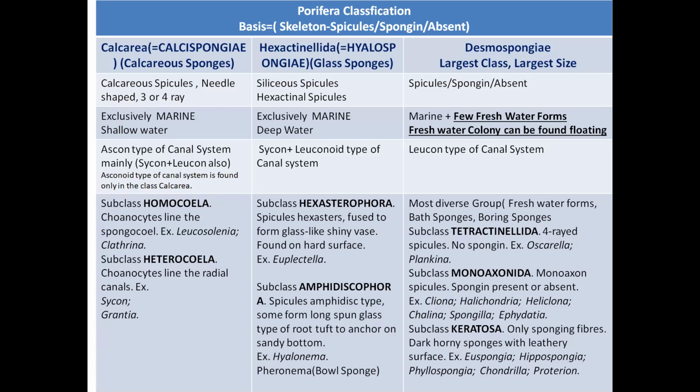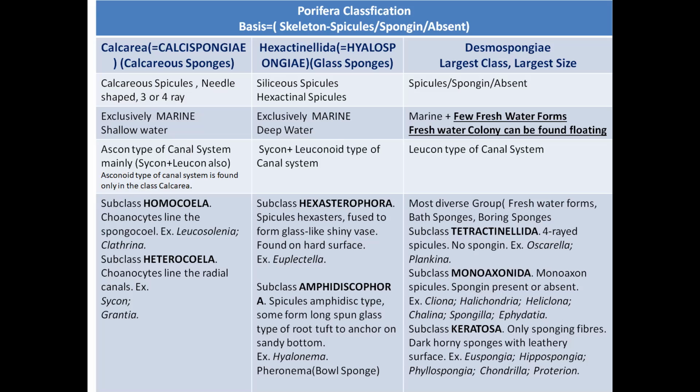So that's why they are called calcareous sponges. Which spicules are absent in calcareous sponges? Siliceous spicules are not found in Calcispongia. They are exclusively marine: all the specimens found in class Calcarea are exclusively marine.